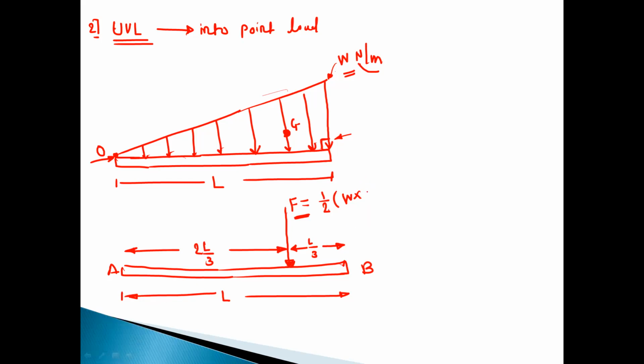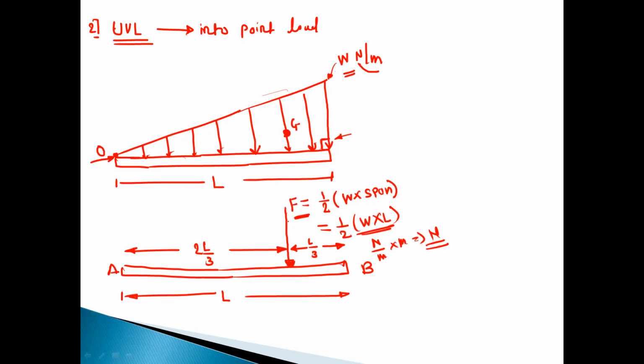So W into span. So this is 1 by 2 W into L. If you observe here, finally you will get the unit as Newton only, because W is Newton per meter and L is meter. So the unit will be Newton. This is the conversion of a uniformly varying load into the point load.